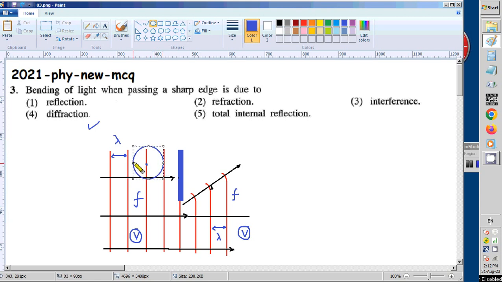In the same way, a point source generates circular wavefronts, and that wavefront is the source to create the second plane wavefront.